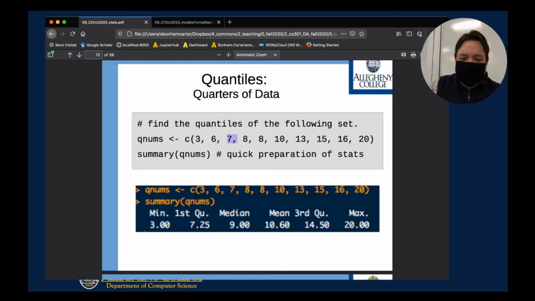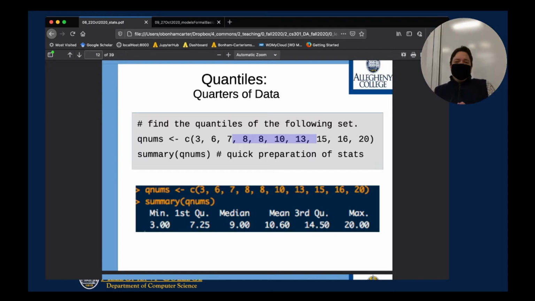That says to me that 25% of my data is falling before that point. And if I look at my third quantile, 14.50, that's saying that 25% of my data is falling after that point, whereas half of my data is falling in between.